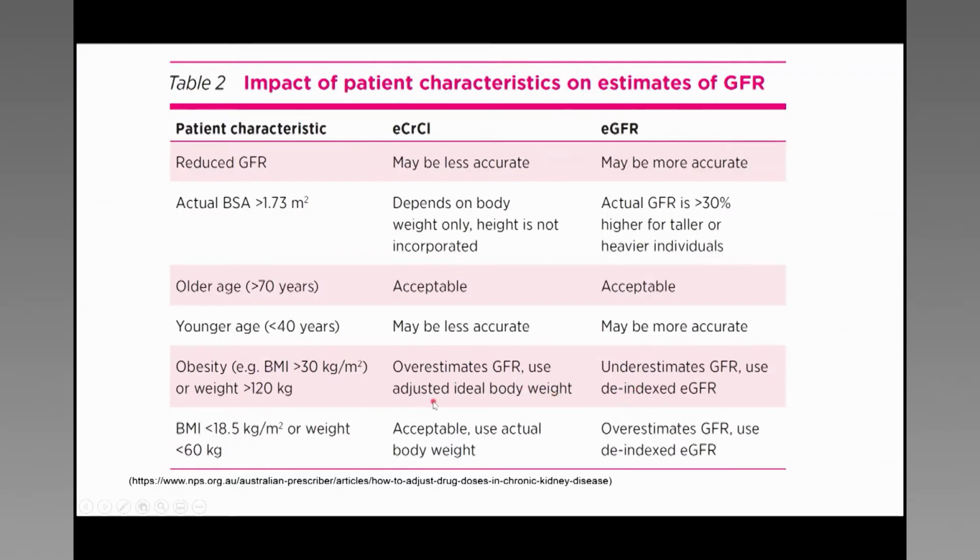And for eCreatinine clearance, we use the adjusted ideal body weight. Or if they're lean, then we use their actual body weight. And again, we de-index the eGFR. So there are different ways that we can do this depending on what you prefer. But this is the rationale for why we would change these measurements, how we would deal with these changes in patient characteristics, and why, in general, I think it doesn't matter which one you choose because they're all a bit wrong.